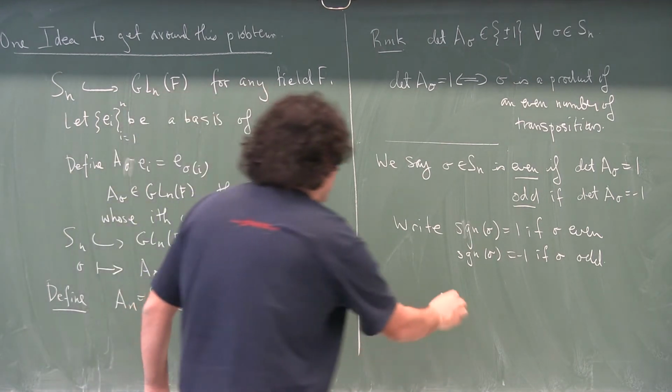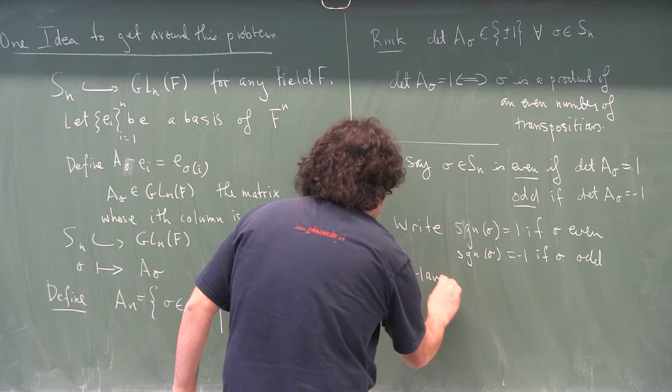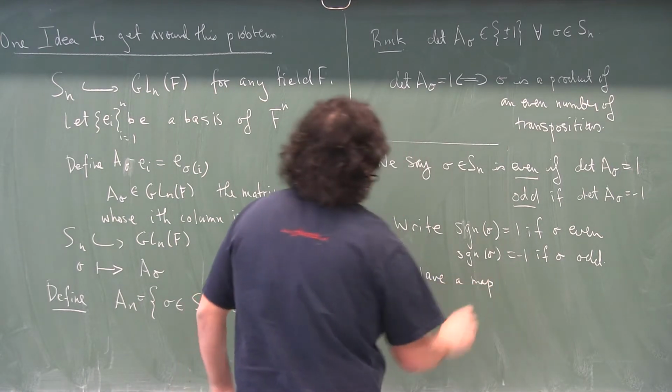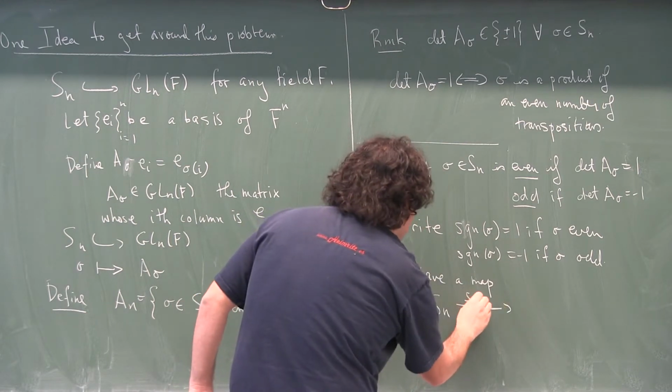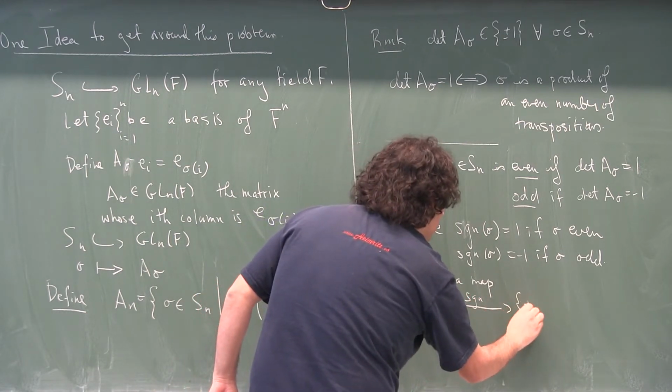All right, and so we have a map, S_n goes by sign to plus or minus 1.